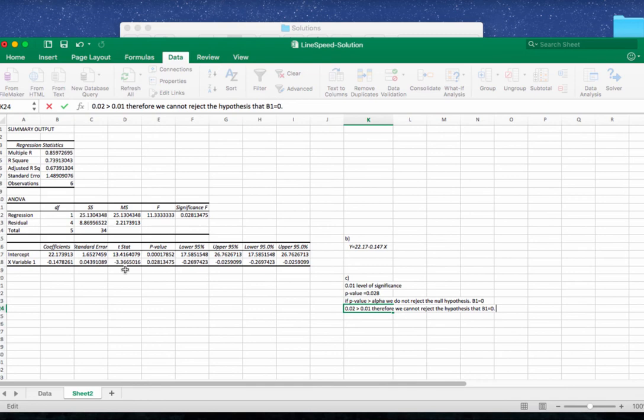However, if we change this 0.01 to 0.05, then we are able to find the relationship.